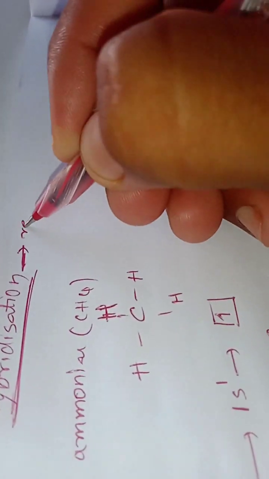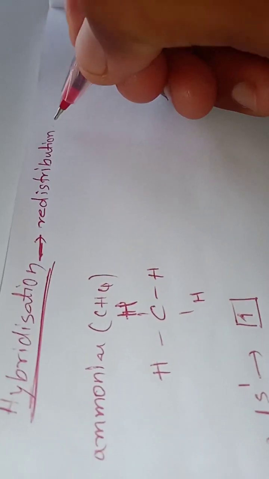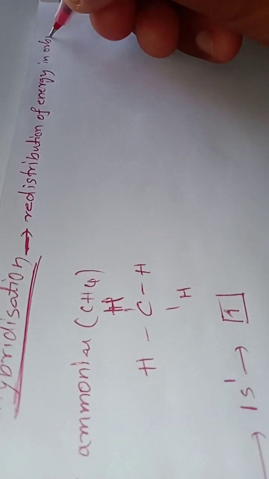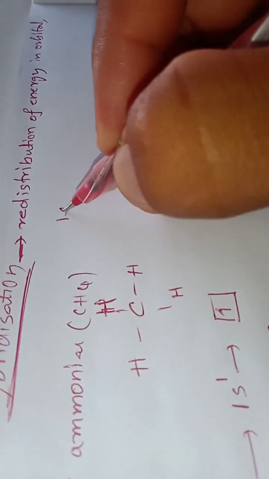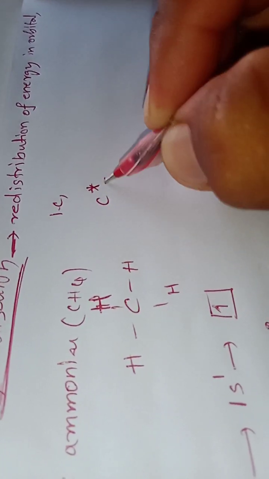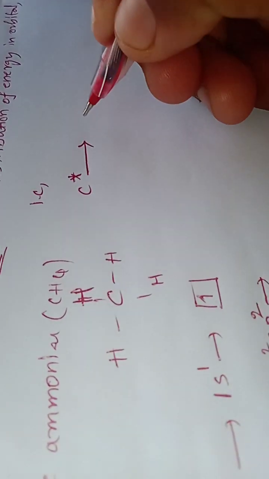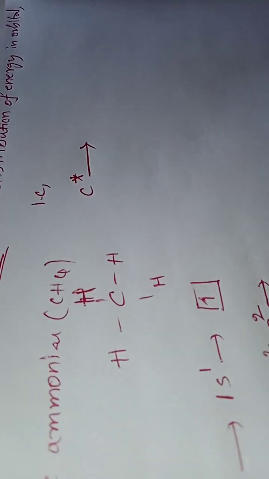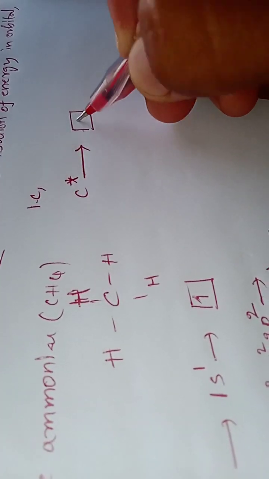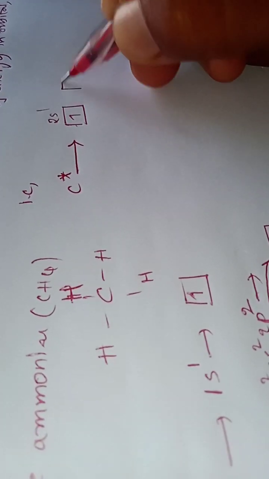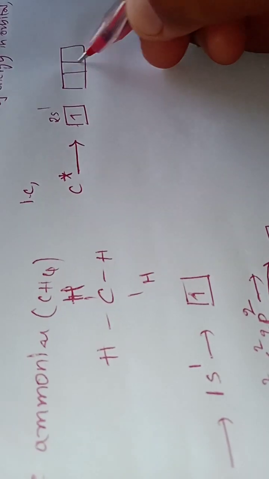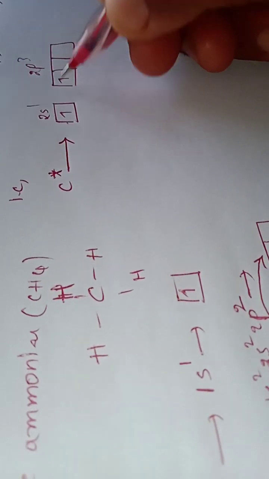That is, carbon in its outermost orbit at the excited state has 2s1 and 2p3.